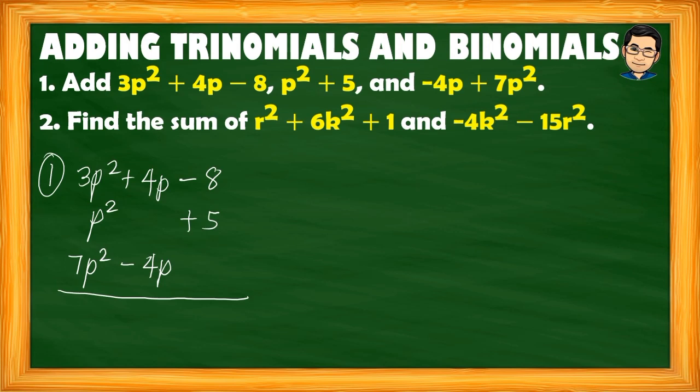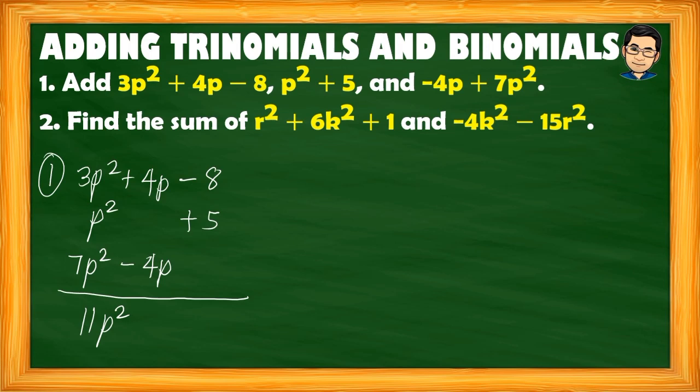So, 3p squared plus p squared. So, kapag p squared lang po siya, the numerical coefficient is 1. So, no need to write 1p squared. Understood po yun. So, that is 4p squared plus 7p squared, 11p squared. Next, negative 4p plus 4p.